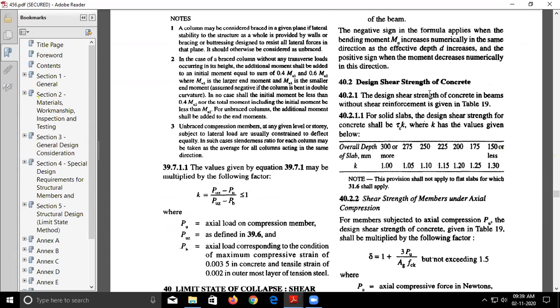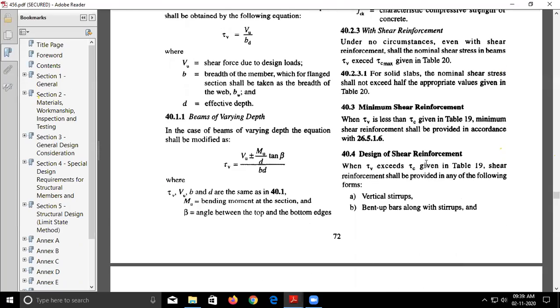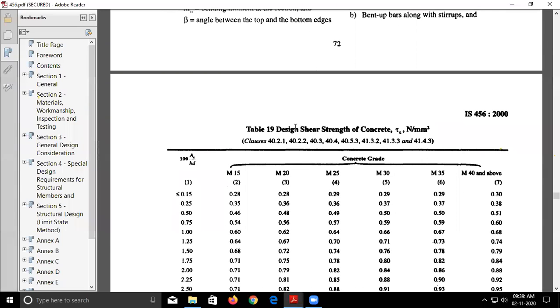Design shear strength of concrete, table 19. Design of shear reinforcement, vertical stirrups, bent up bars. So from table 19 you can find tau c.